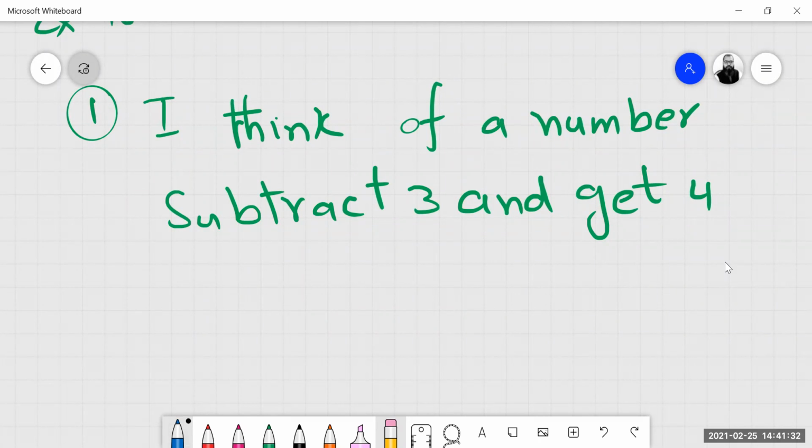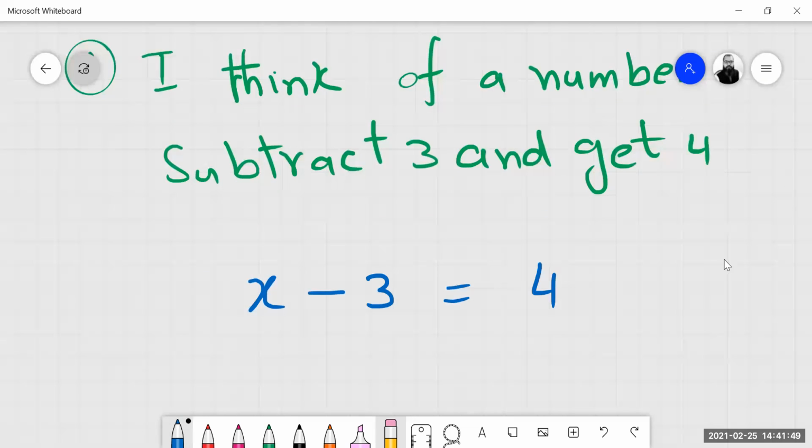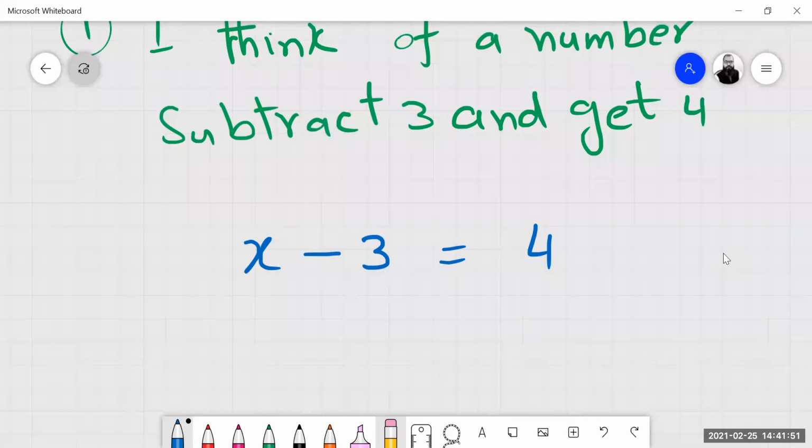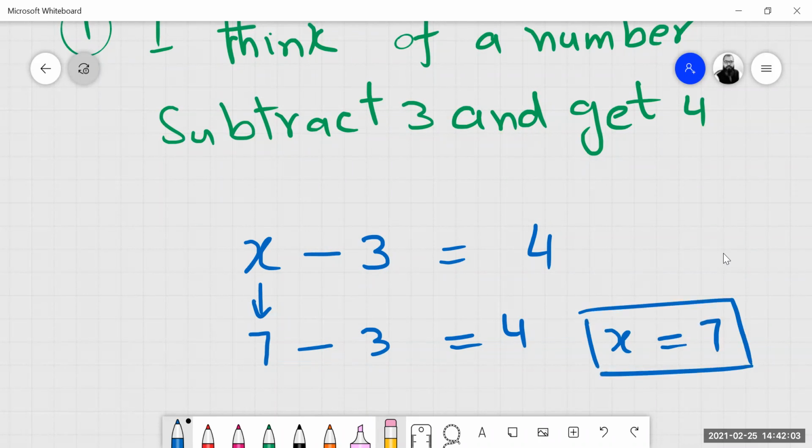I think of a number, subtract 3 and get 4 means, for example, we think the number is x, subtract 3 equals 4. Now, what is the number? At the place of x comes 7. So x equals 7.